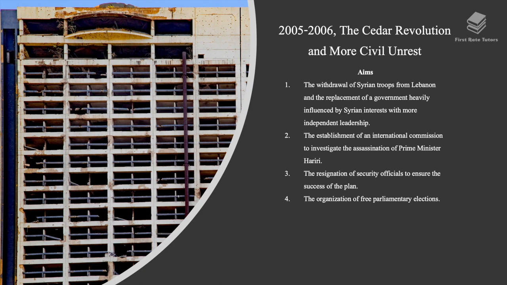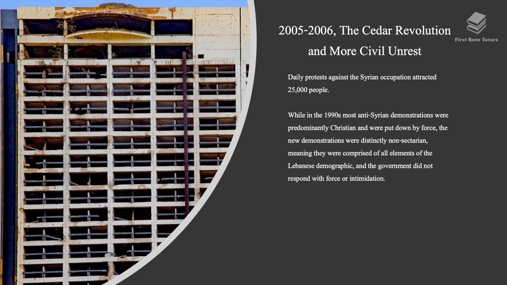Then the establishment of an international commission to investigate the assassination of Prime Minister Hariri. Thirdly, the resignation of security officials to ensure the success of the plan, and the organization of free parliamentary elections.